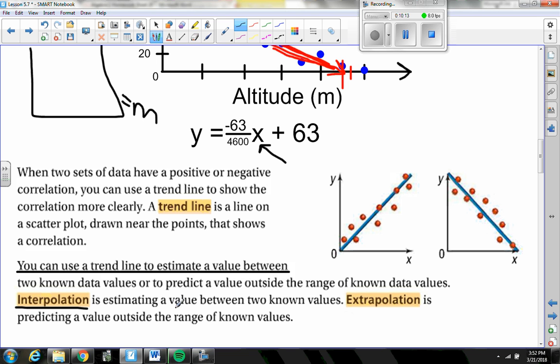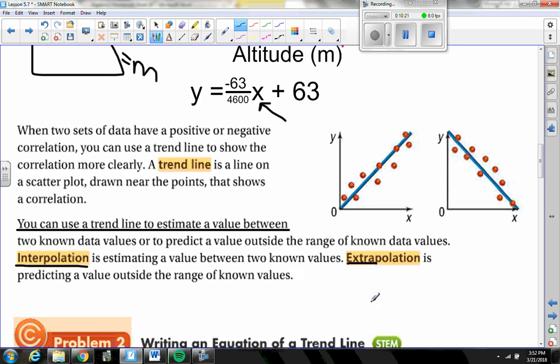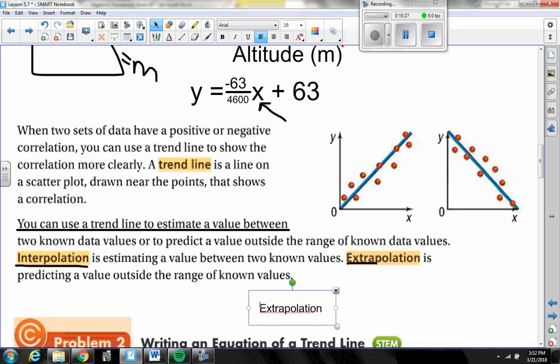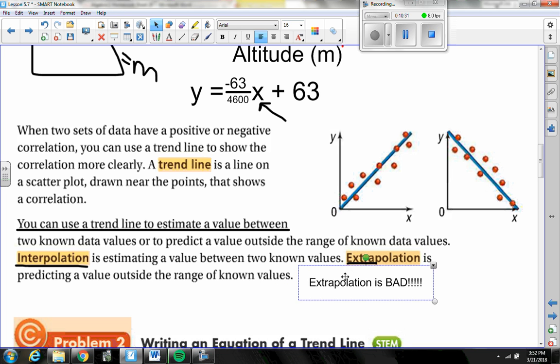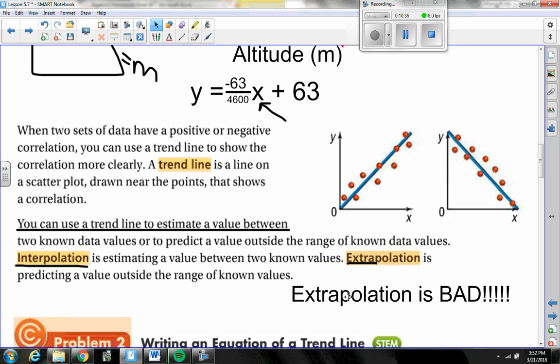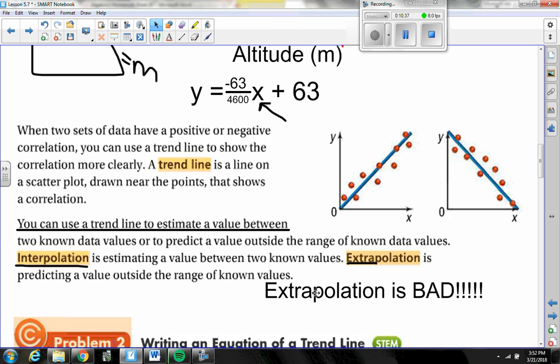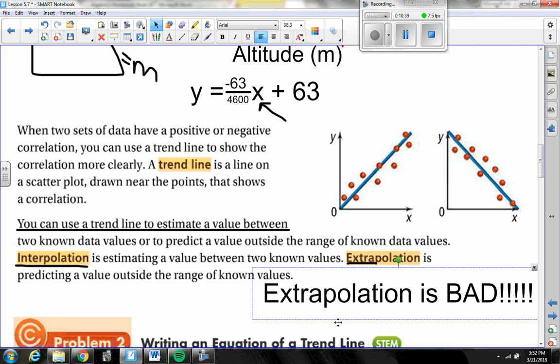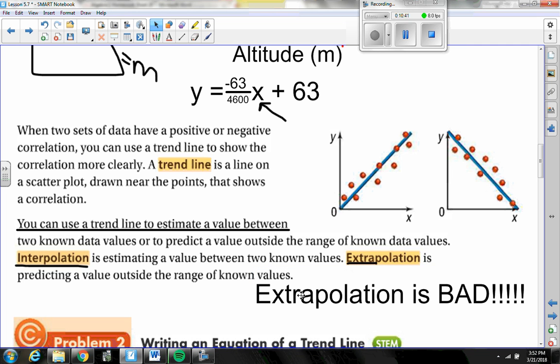And extrapolation, extra means outside. Extrapolation is predicting a value outside the range of known values. Generally speaking, just generally speaking, extrapolation is bad. We don't want to do extrapolation, okay? If you want to hear a funny example of why we don't do extrapolation, ask me about that in class tomorrow.